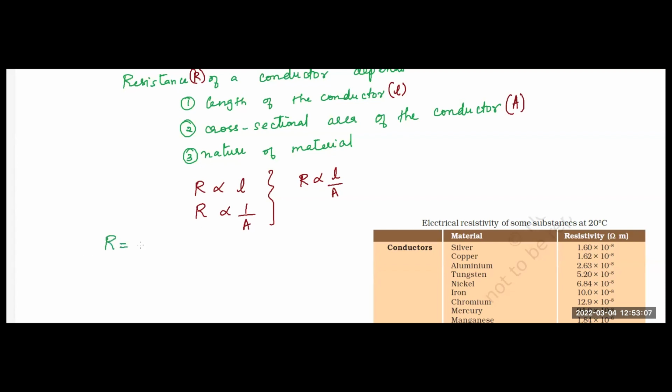That means R is equal to, we bring a constant rho, L by A. This constant rho is the constant of proportionality, and we call it resistivity.